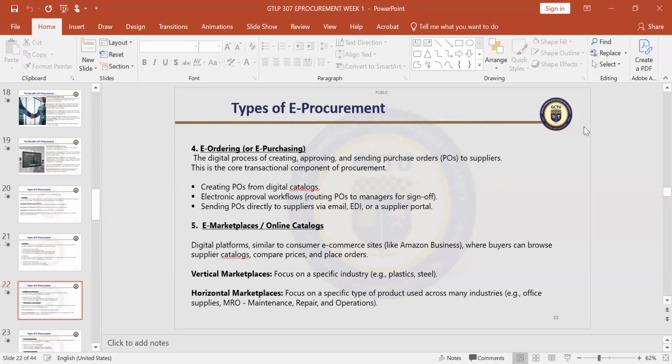So we will use Elaine's procurement department for both vertical and horizontal marketplaces. For vertical marketplaces, they sell things that are solely used by specific institutions. Like a hospital, a company that is selling intravenous, what do you call it?